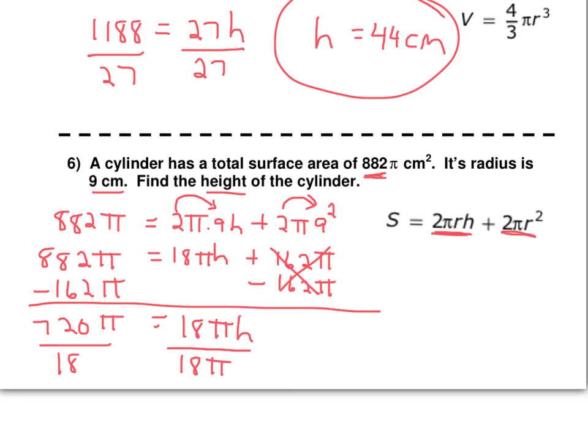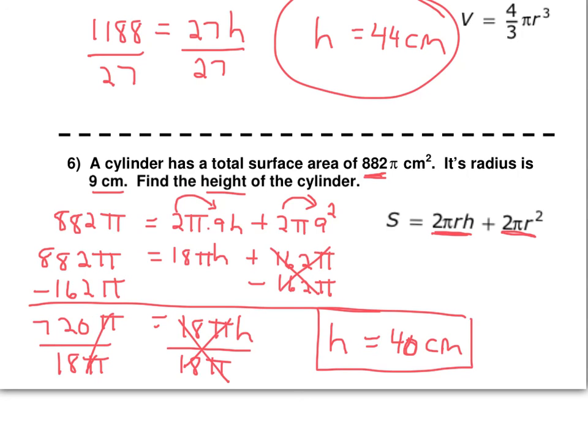The 18 pi goes away, so I have h is equal to, on the left the pi's cancel, and 720 divided by 18, I believe, is 40 centimeters. So now we have found the height of the cylinder, 40 centimeters.